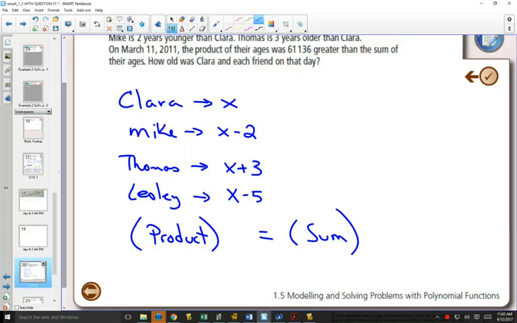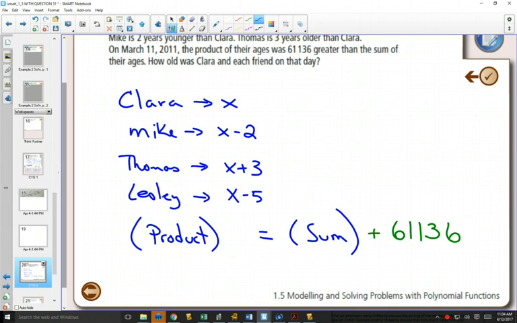Well, part of what I like to think about is which one's bigger. Right now, which one's bigger, the product or the sum? The product is bigger. So this sum side is less. So if we wanted to make them equal, we would have to add the 61,136 to that side.